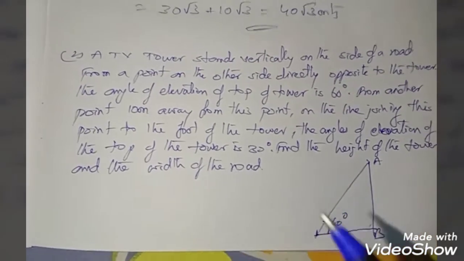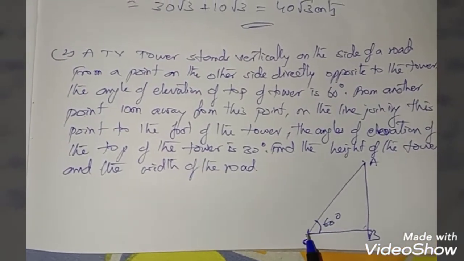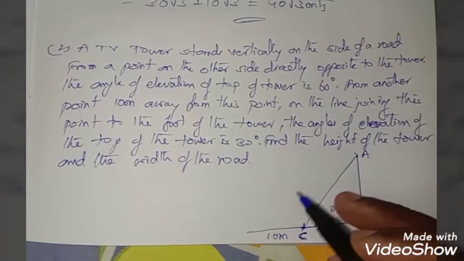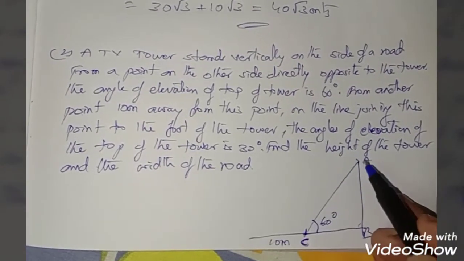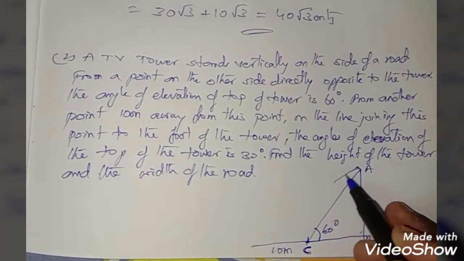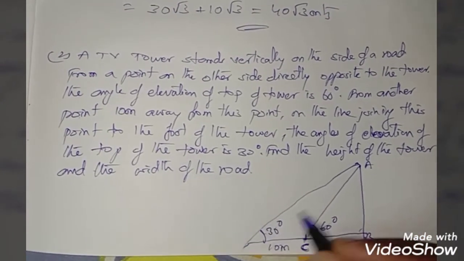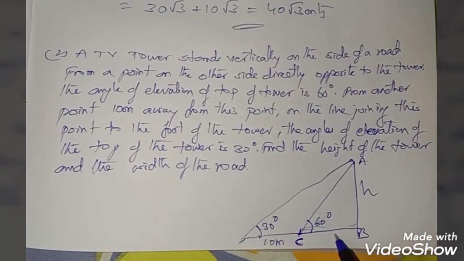From another point 10 meters away from this point, the angle of elevation is given as 30 degree. Now find the height of the tower and the width of the road, means this width.